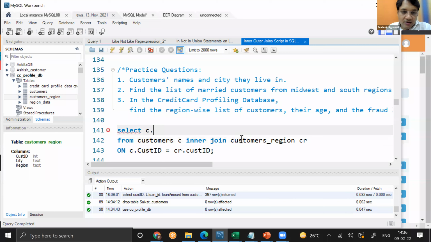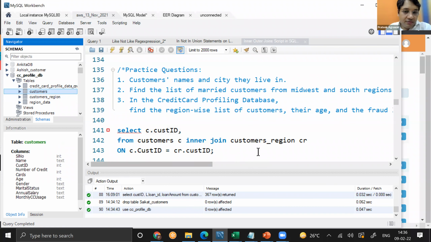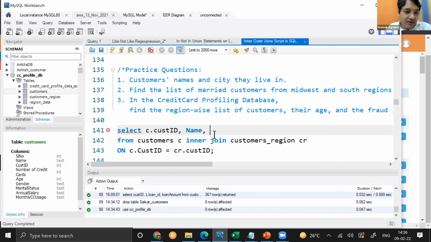Select C dot cust ID, comma, name, name is a column, yeah, name, and then city.